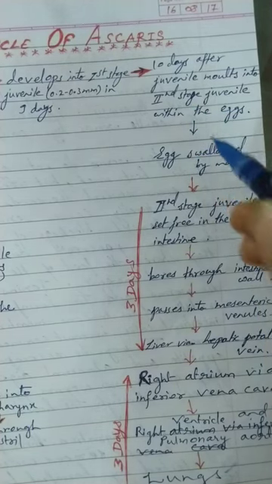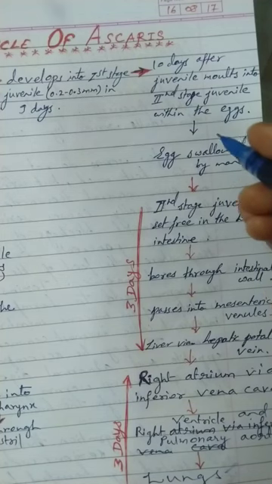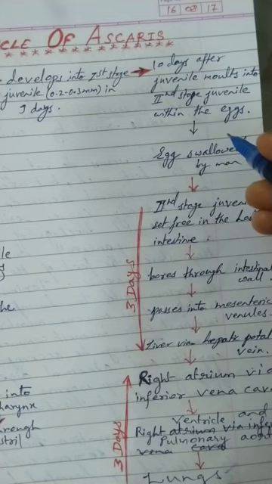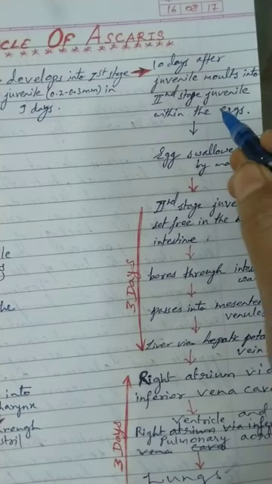Eggs with second stage juveniles are infective and can remain so for years at low temperature.